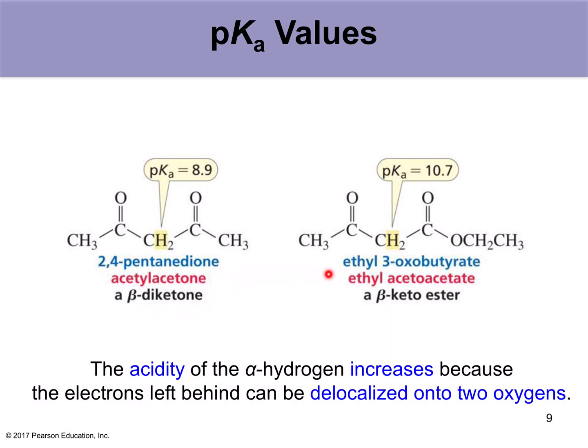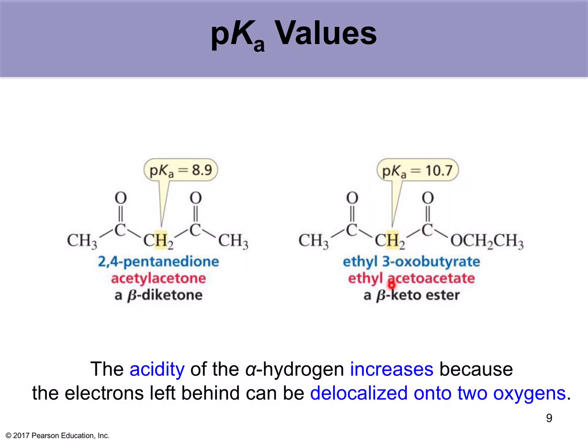And on this one, here you have the same part, CH3CO, CH2CO, just like that. Instead of a methyl, now you have an alkoxy group, an ethoxy group, and this is an ester. The name is ethyl 3-oxobutanoate, from butane, butyrate.